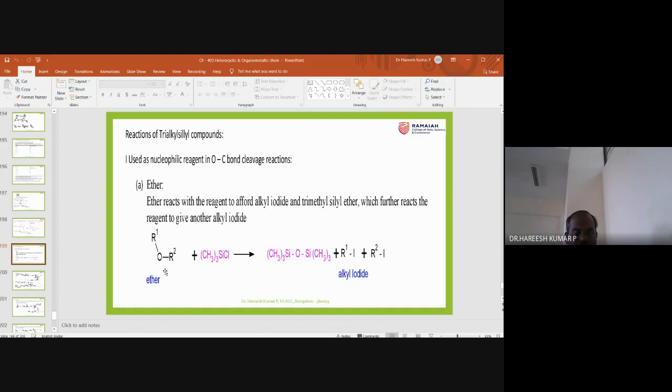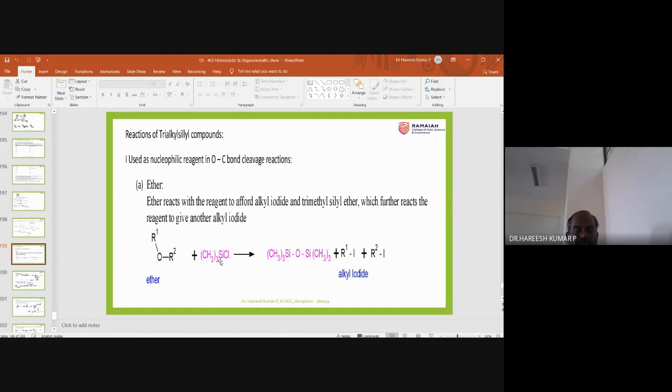So what will happen? The lone pair or the bond pair can attack this silyl compound. Why is it attacking? Because the formation of the oxygen-silyl bond is easy, and the formed bond is very strong. Because of that, there will be a new bond formation between this oxygen and this silyl.